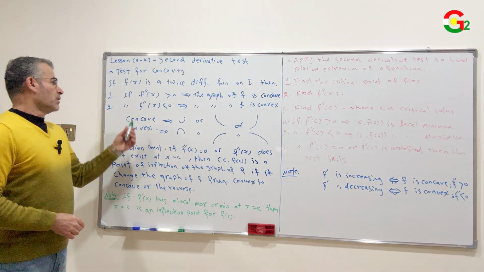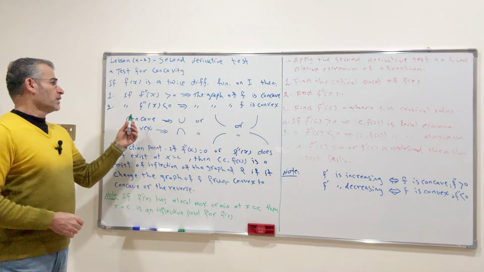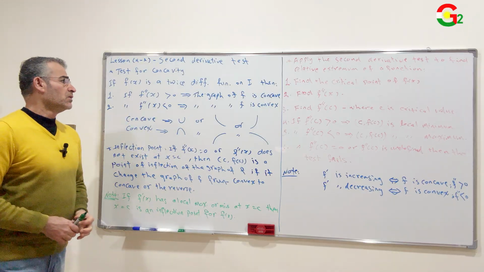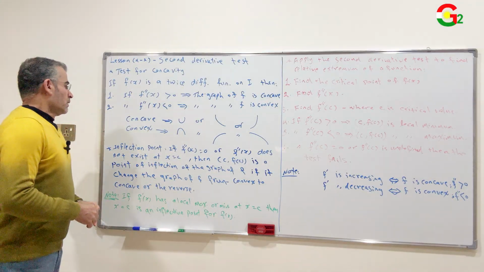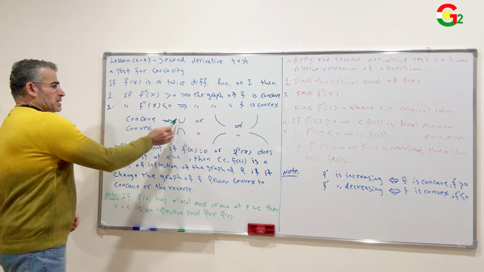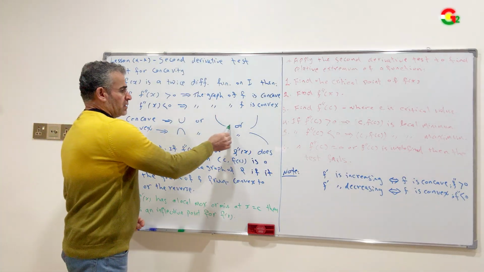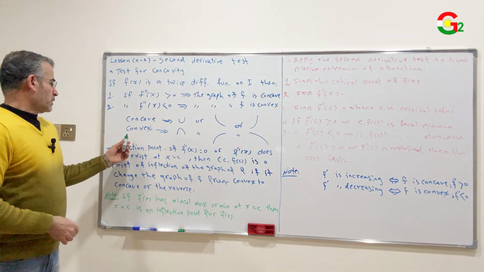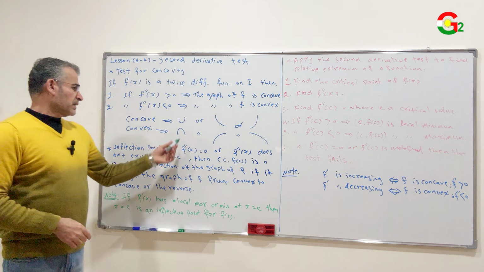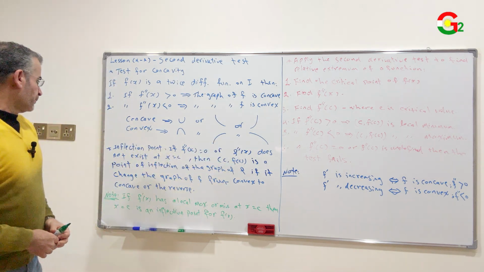If the second derivative f double prime of x is less than 0, then the graph of f is convex. The concave shape is like a cup, or take this or this shape also. The shape of convex is like a hat, or take this or this shape also.